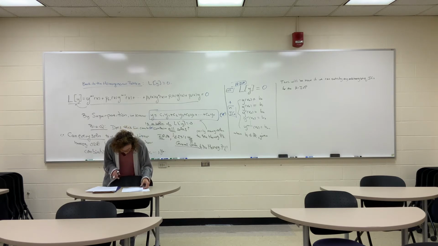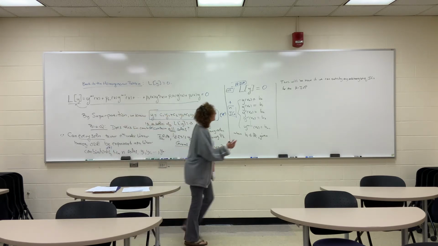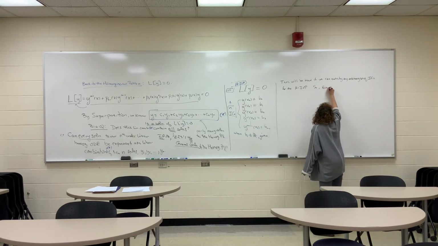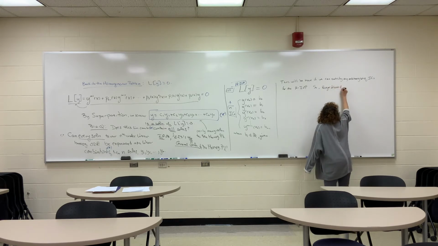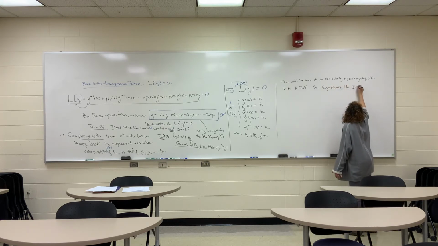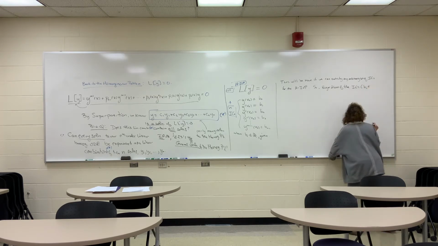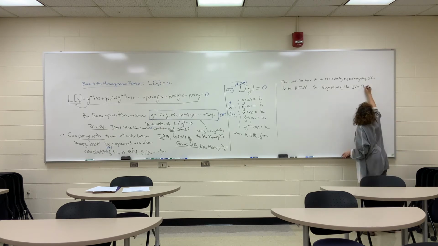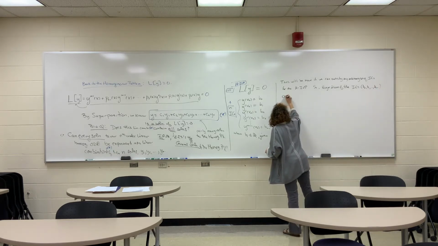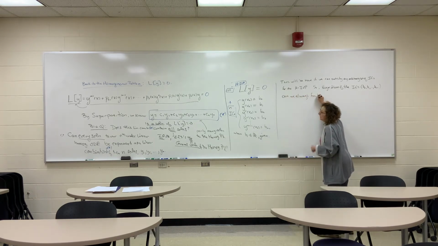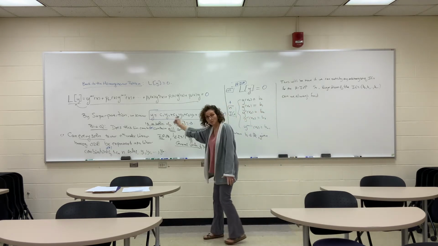So what does that really mean? Regardless of the ICs, the B sub i's, B0, B1, out through B sub n minus 1, can we always find constants C1 through Cn?